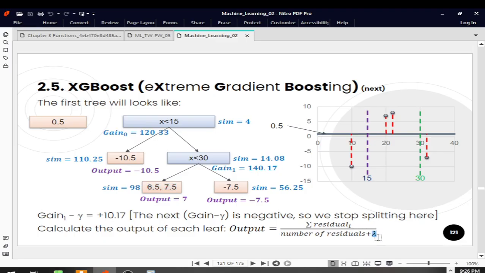By definition we take the lambda, but it's not the mean exactly; for simplification it was the mean. Since the lambda is 0, we sum and divide by the number, so this is why we got 7.